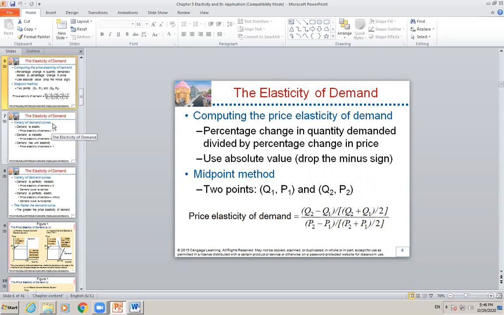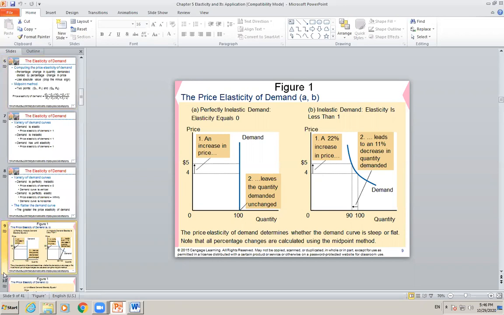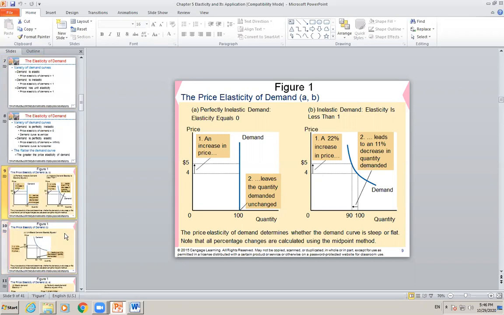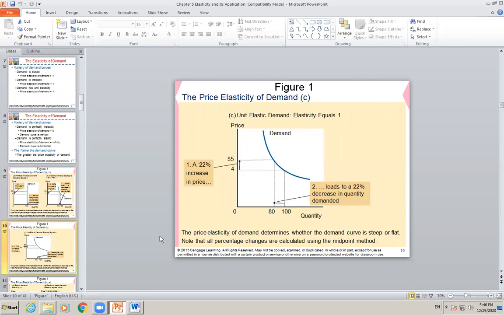We're going to have some examples. We'll solve them at the end of the chapter and we'll get a better idea of it. Unit elastic demand means that, if you remember, I said when elasticity is less than 1, it's inelastic, which means that a change in the price will bring a smaller change in the quantity.